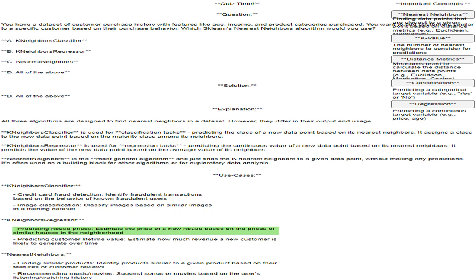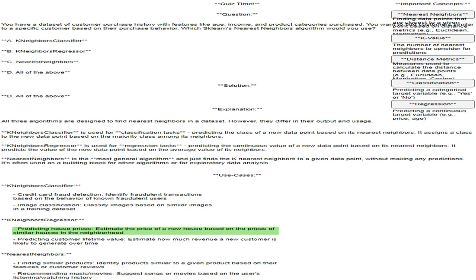The algorithm will find the 3 nearest neighbors to this new customer based on their age and income. If the majority of those 3 neighbors are high spenders, then the new customer will be classified as a high spender. Distance(A, B) = SQRT((A1 - B1)^2 + (A2 - B2)^2).